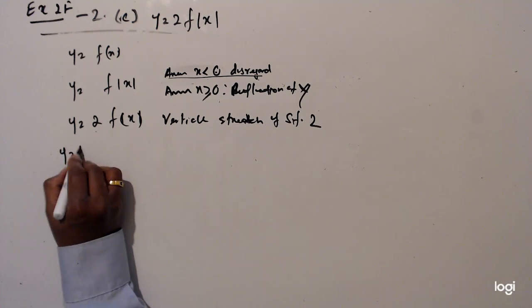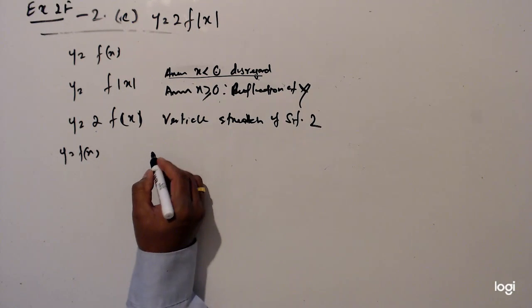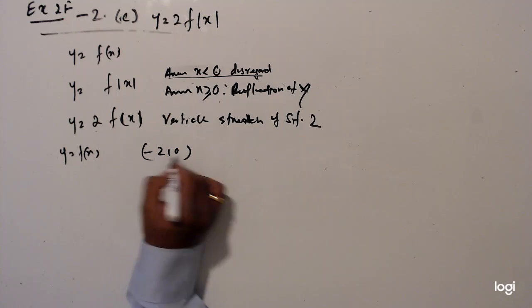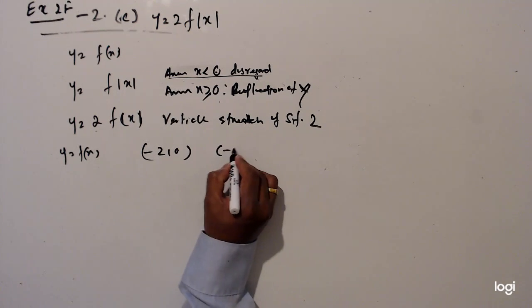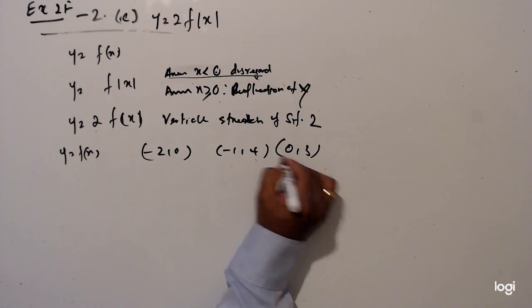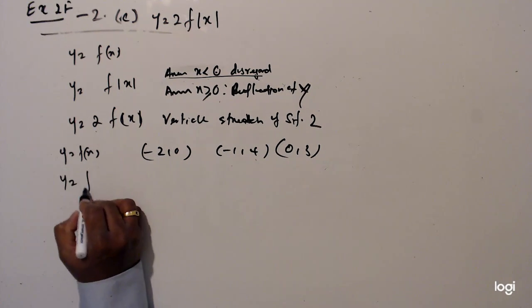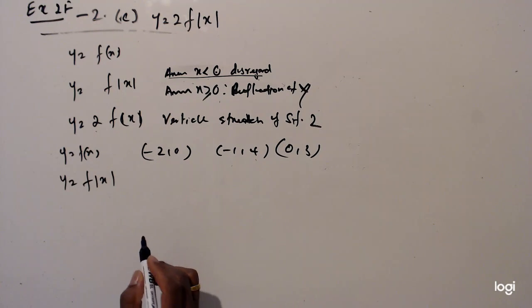Now we have y equals f(x) with (-2, 0), (-1, 4) and (0, 3). Now f(mod x).